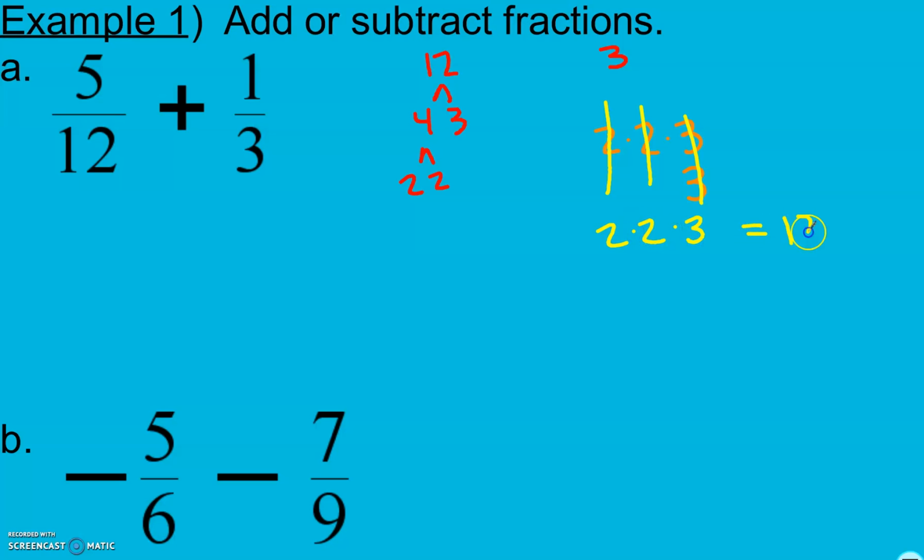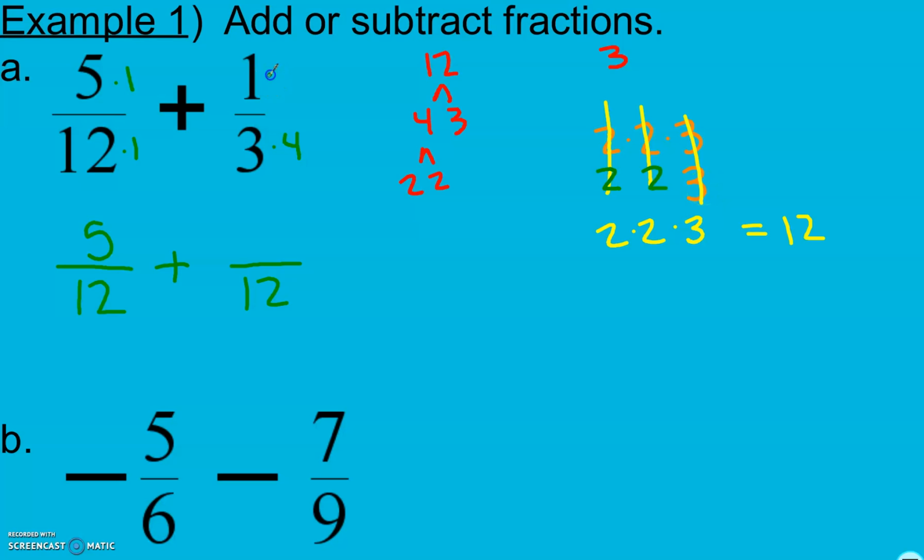And here I get 12. 12 is the smallest number I can multiply my denominators by a number to get to. So I can take 12 times 1. It just stays at 12. 5 times 1. I can take to get to 12, 3 times 4. They're the 2's that I'm missing here. So 2 times 2 times 3 is how I get to 12.